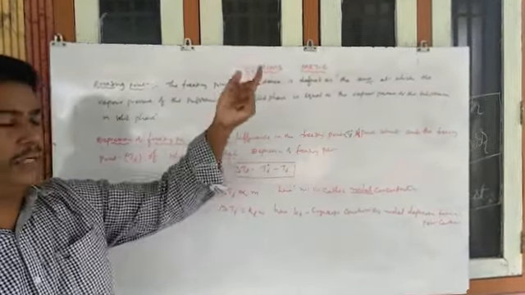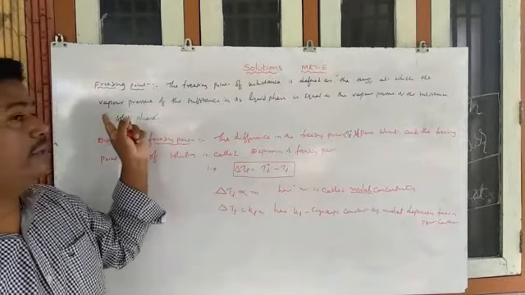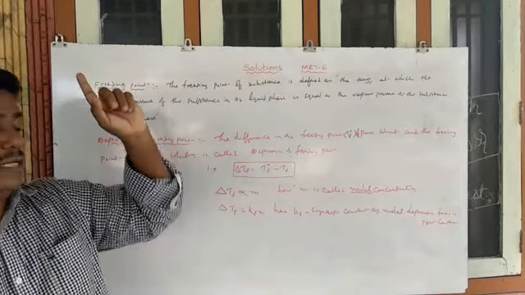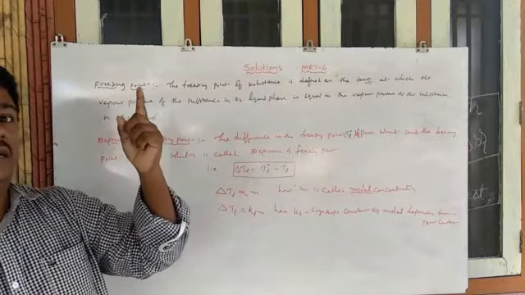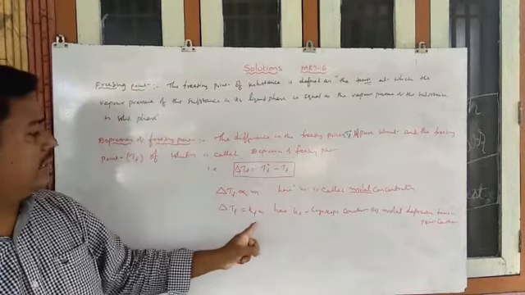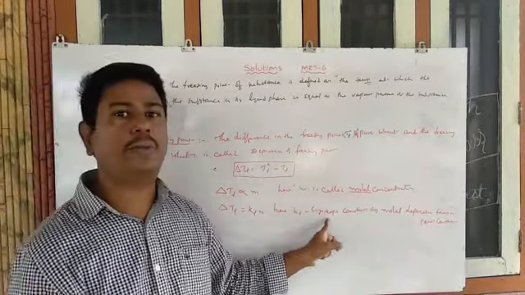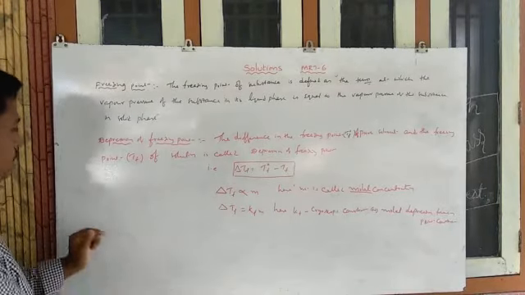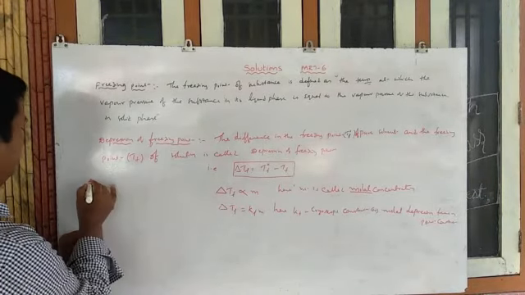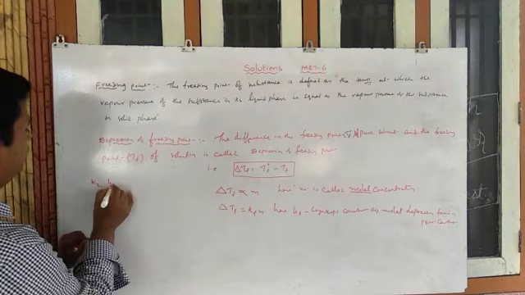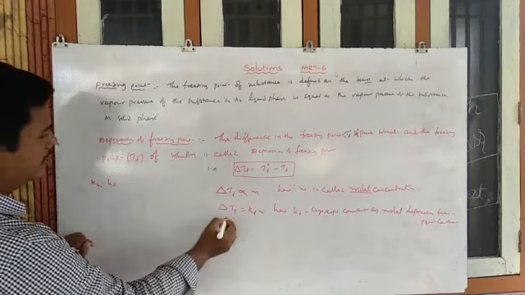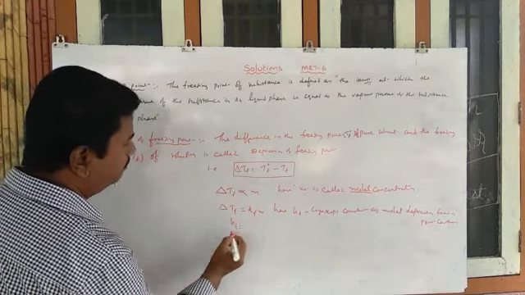In the previous video, we discussed the elevation of boiling point, that is termed as Kb. So Kb is called the ebullioscopic constant. Here the Kf is called the cryoscopic constant. So now what are the units of Kb and Kf?